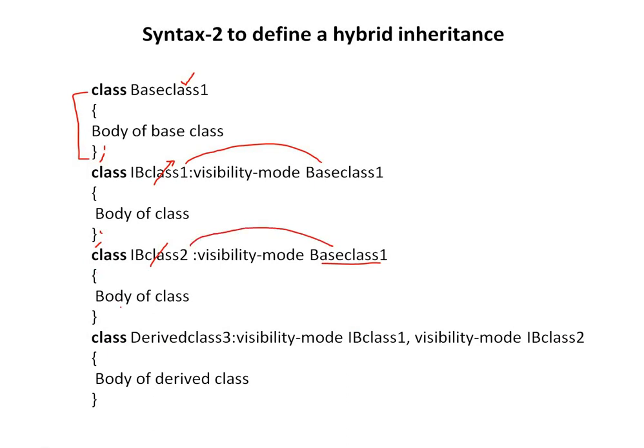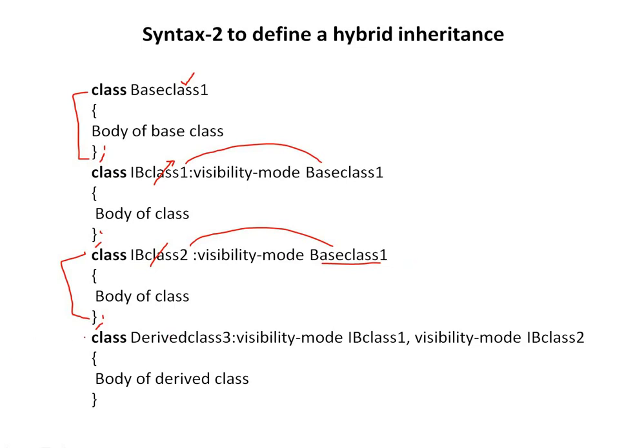Now within the brackets we have to write the set of statements. Next we have to close the definition of the intermediate base class 2. Here we have single inheritance relation between the IB class 1 and base class 1. Here we have single inheritance between the IB class 2 and base class 1.